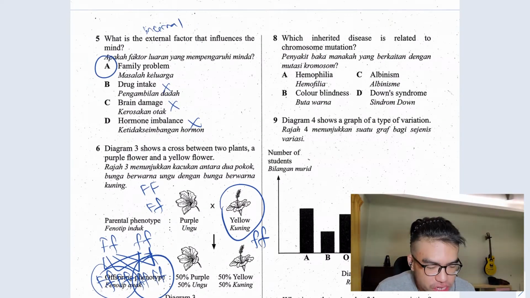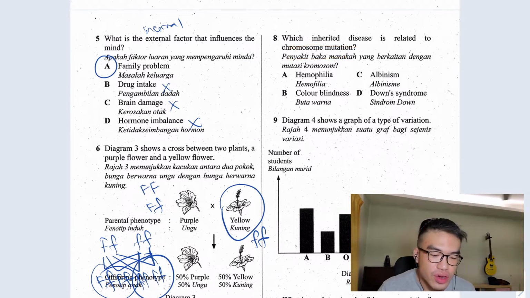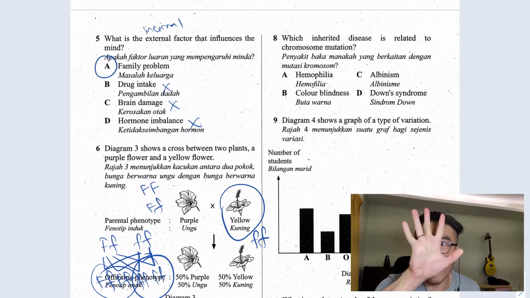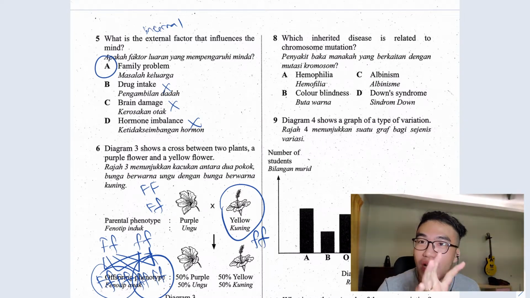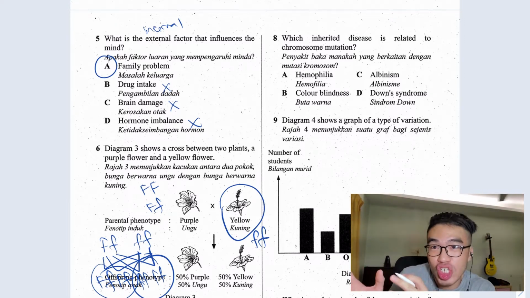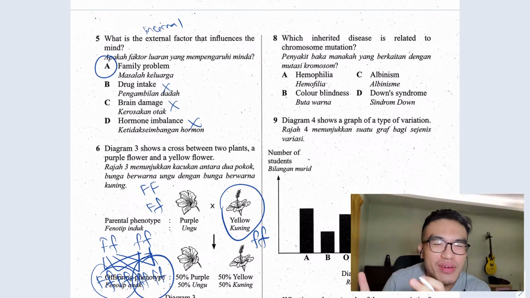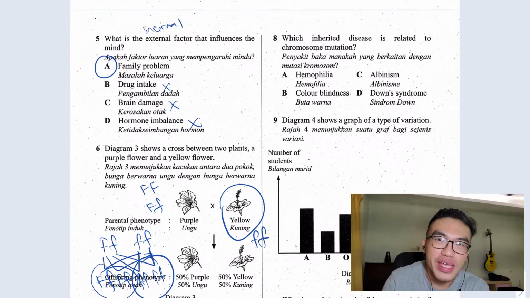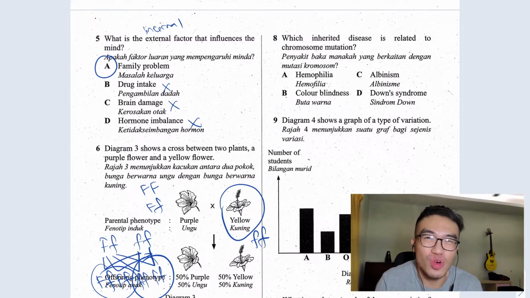Question 8. Which inherited disease is related to chromosome mutation? Chromosome mutation is when you have one chromosome deleted, a whole chromosome deleted, or you have one chromosome extra. Usually this would mean a very serious inherited problem, unlike gene mutation, which would be kind of mild, for example, color blindness or hemophilia, which the blood fails to clot in time.